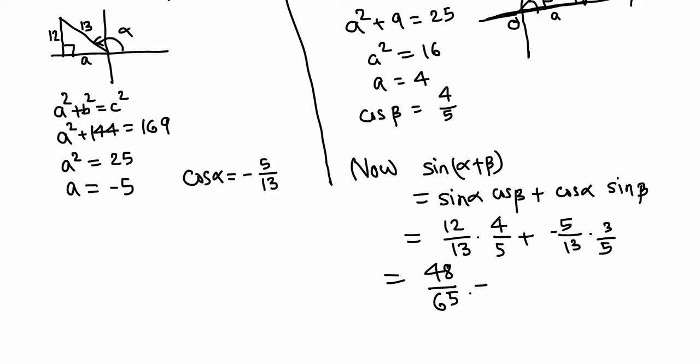Yes, 5 and 5, but our common denominator is 65, so I don't want to cancel anything. 13 times 5 is 65, 5 times 3 is 15. Okay, now we have the common denominator of 65. 48 minus 15, that's 33. So the final answer is 33 over 65.